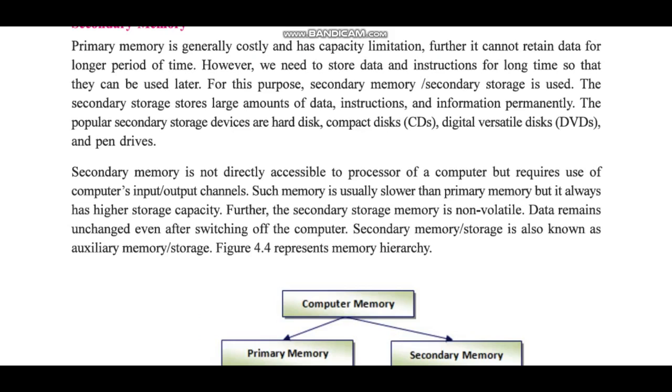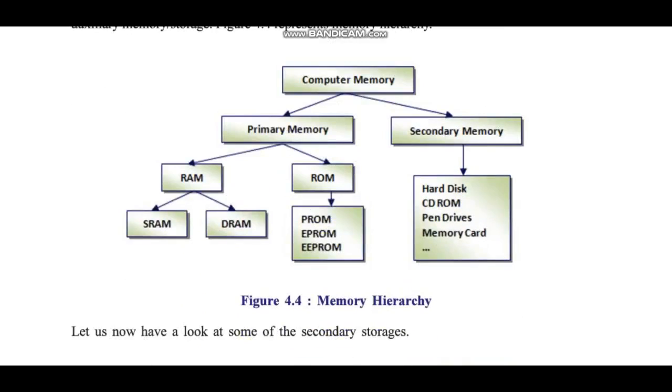In Figure 4.4, the memory hierarchy representation, you can see computer memory is divided into two types, primary memory and secondary memory. Primary memory is divided into two types, RAM and ROM. In the RAM, you can see SRAM and DRAM.